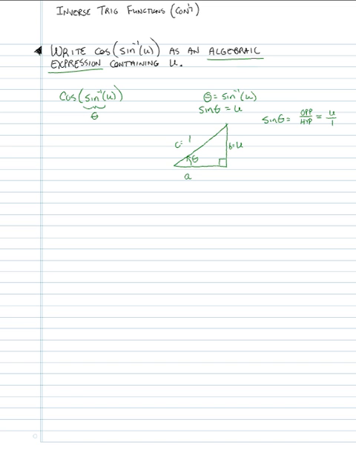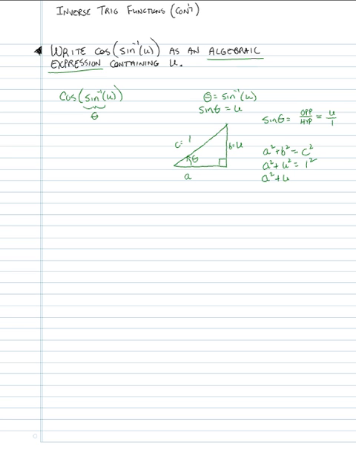Now, we're going to use the Pythagorean Theorem again, where we're thinking of this as side A, this is side B, and this is the hypotenuse. And so from that information, we have that a squared plus b squared equals c squared, and in this case, b is u. So this is a squared plus u squared is equal to c squared, and c is 1. We're solving for a.